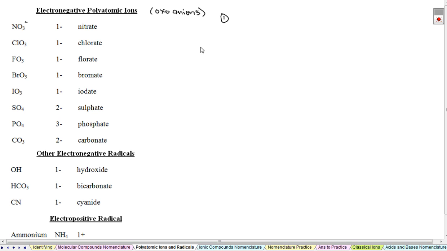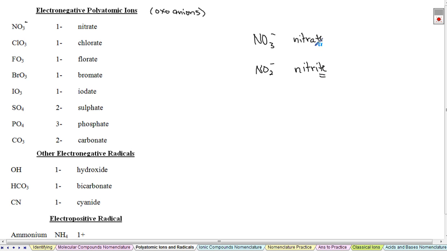Something like nitrate, which is NO3, can lose an oxygen. And if nitrate, due to some chemical reaction, loses an oxygen and becomes NO2, it's still going to have the same charge, but we call it nitrite.